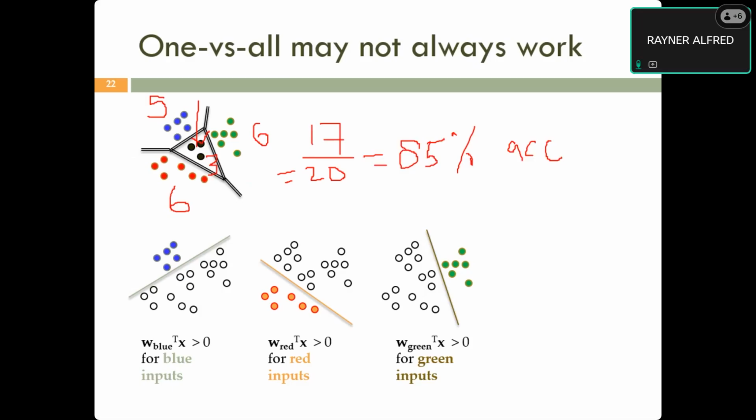But if the black one is very critical, meaning that none of your algorithm is able to detect or predict the black one, then your mission has still failed. You're not able to predict if a new item comes in and belongs to the black circle, your model cannot predict this.